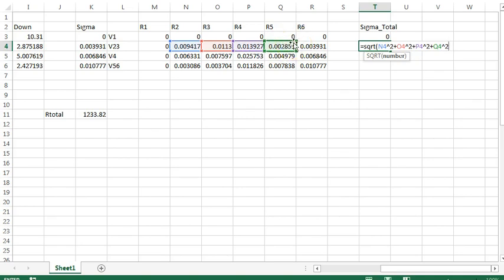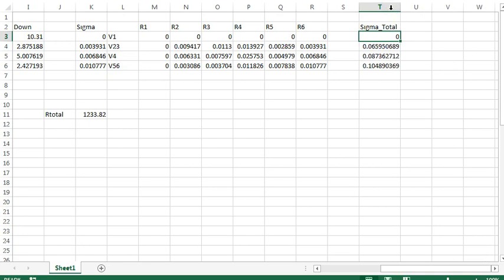We square them, we add them, and we take the square root. And now we have the expected error, right? The calculated error on V1, which is 0. Makes sense because V1 is imposed by the source. V23, right? V4 and V56. Does that make sense? I hope it does.